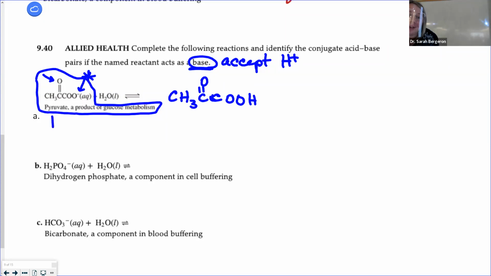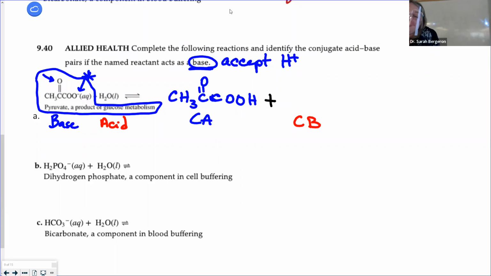So if this is the base, what did I just draw? The conjugate acid. I'm just going to abbreviate it, CA, conjugate acid. Okay, so if pyruvate acted as the base, what is water acting as? The acid. So if I have an acid, I want to make a conjugate base.